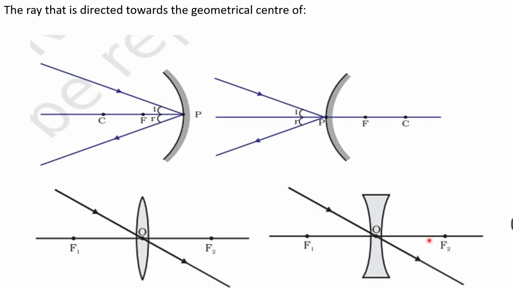At the point O, it is making 90 degrees. For refraction to occur, the light has to fall obliquely. Here at the point O, the angle is 90 degrees, so refraction does not happen and the light ray will not suffer any deviation.